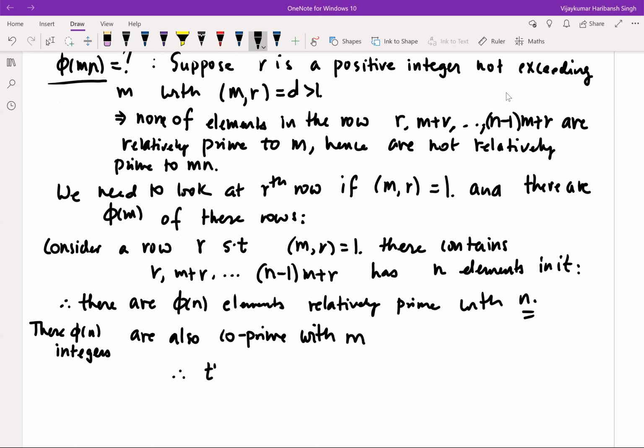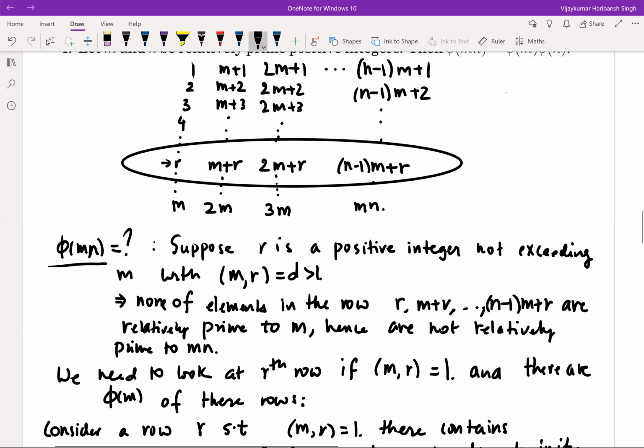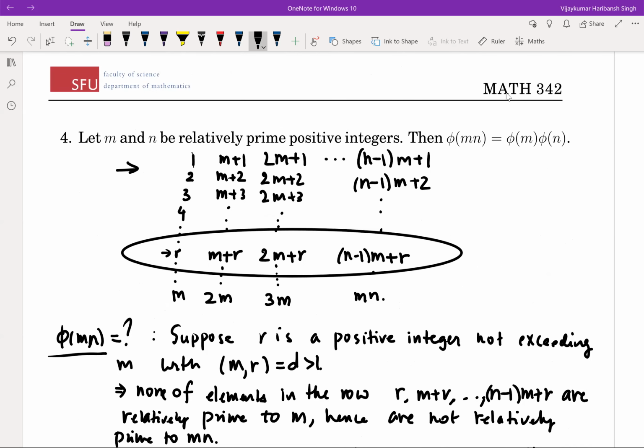They are relatively prime with mn. So how does our counting go? There are phi of m rows which are relatively prime with m, and for each of those rows you will have phi of n elements which are relatively prime with n.